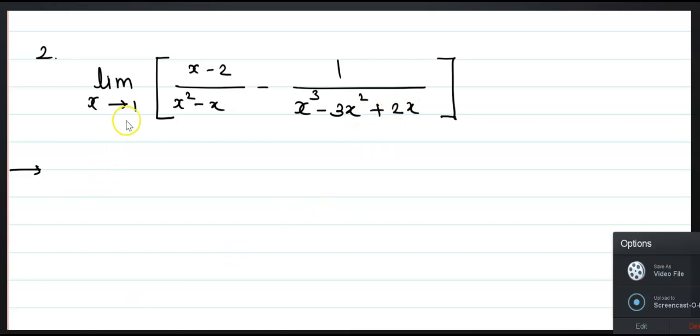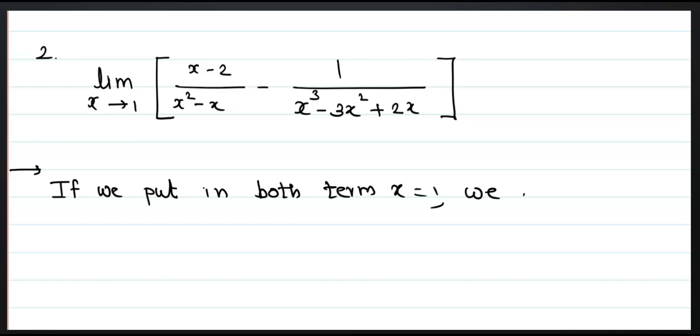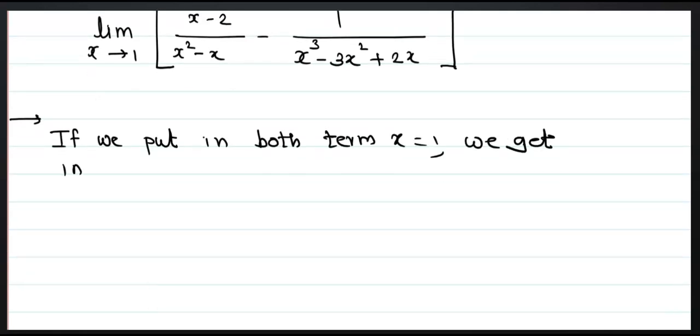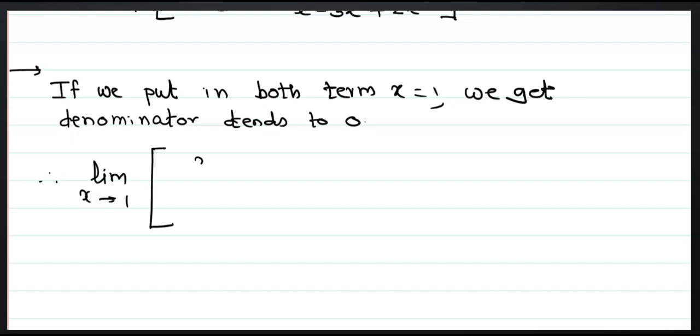Now what is the cancellation factor? x minus 1 will be the cancellation factor. If we substitute x equals 1, then you will get 0 upon 0 in the denominator for the first and second.